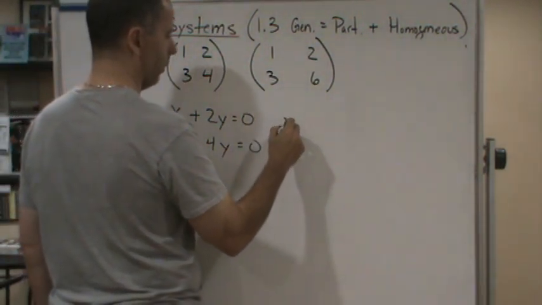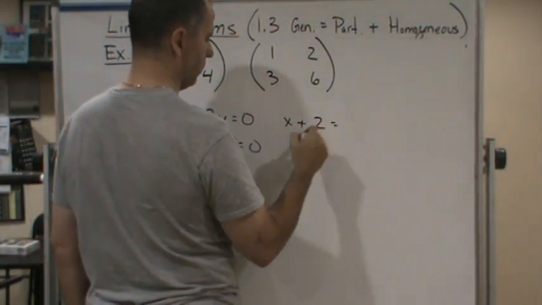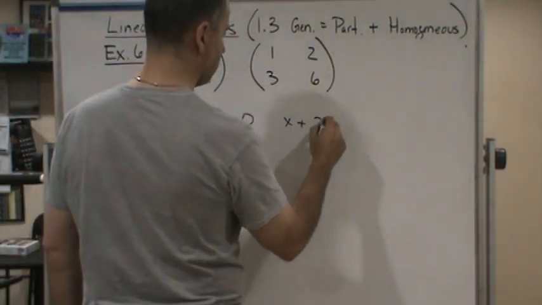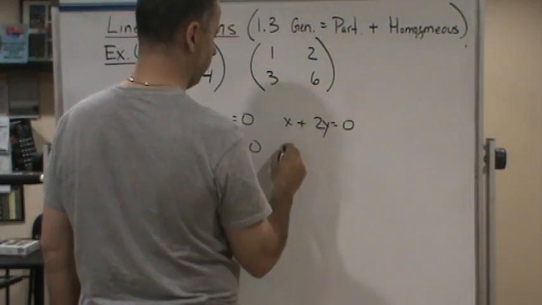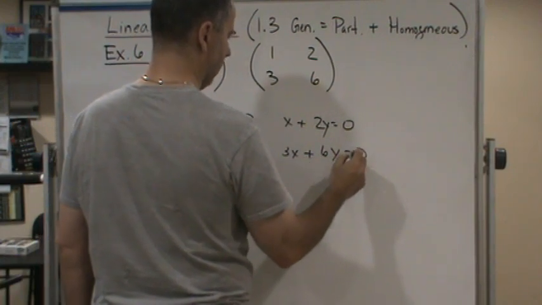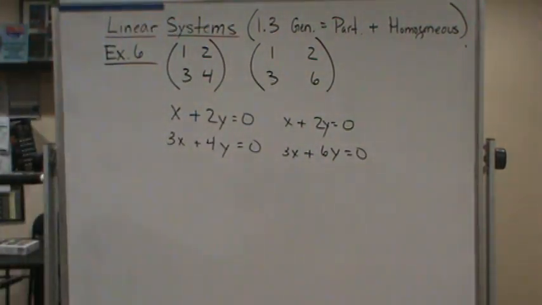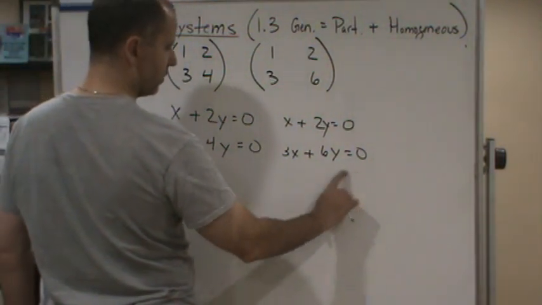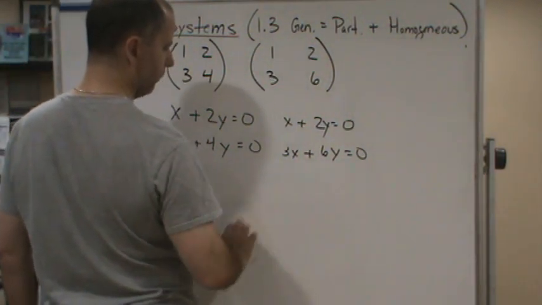And over here, x plus 2y equals 0, 3x plus 6y is equal to 0. We can see over here that this is just going to give us a 0 row.